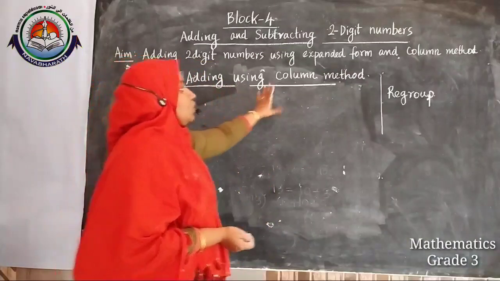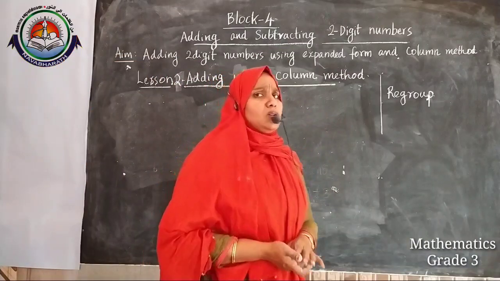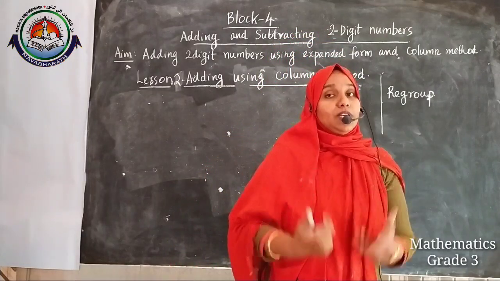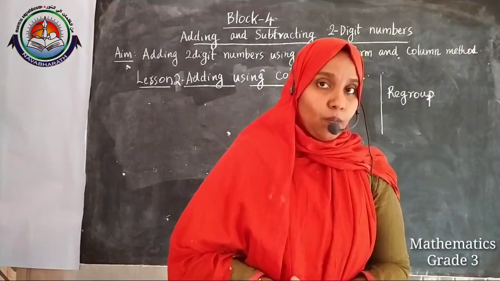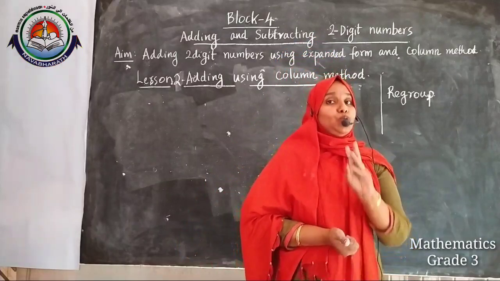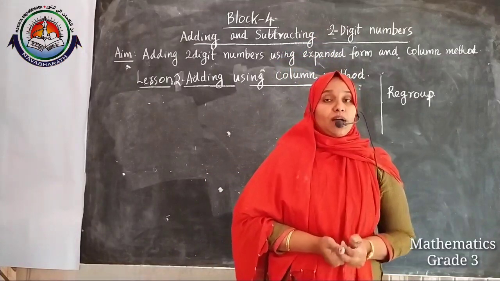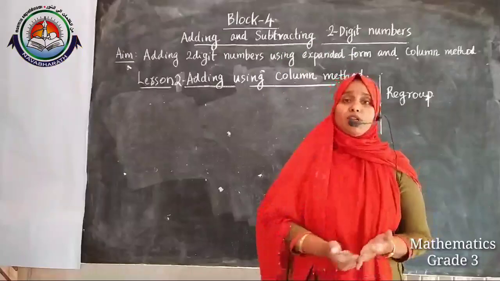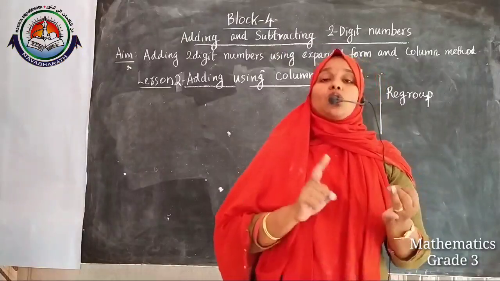Then adding using column method. The column method we also studied. I think it is a little bit easier than expanded form. If you are asked to add two numbers, you can use any method, the expanded form or the column method.